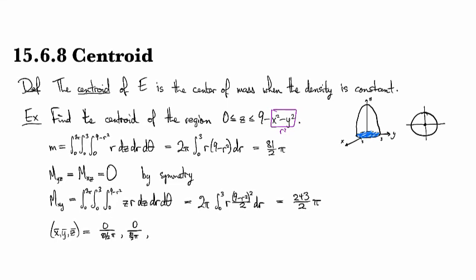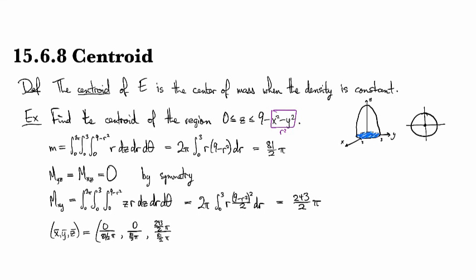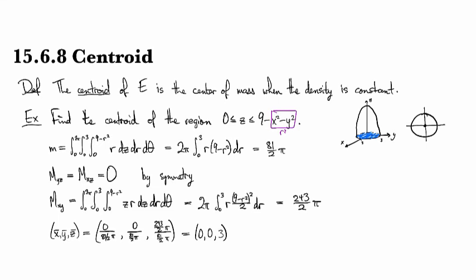And then for our last one, we've got 243 over 2 pi over 81 over 2 pi. So there's our coordinates. And that gives us 0, 0, 3 when you cancel everything off. And so that tells us that the center of mass is like 1/3 of the way up the post, somewhere around here. And maybe that's believable.